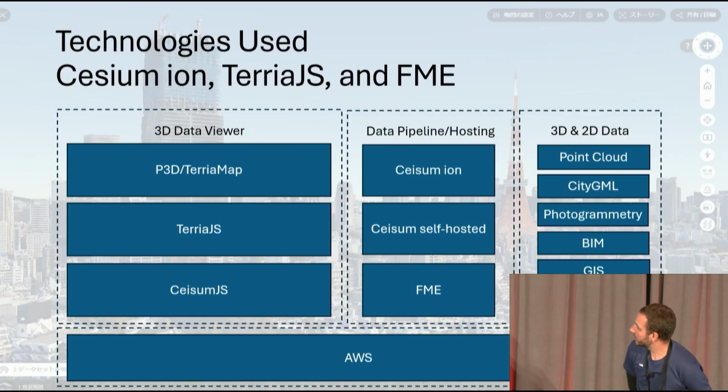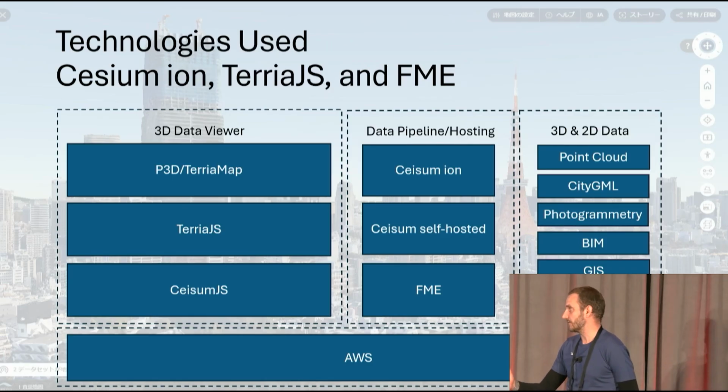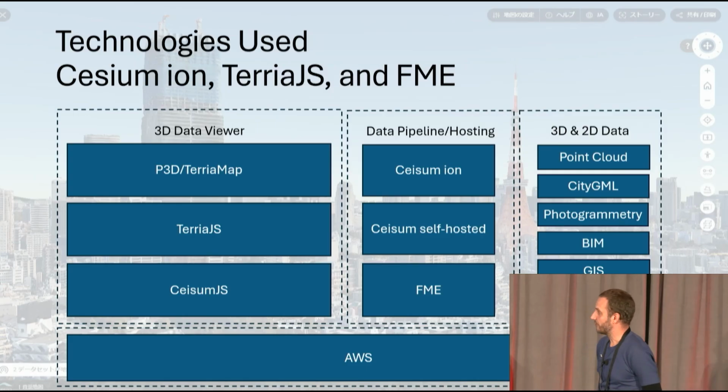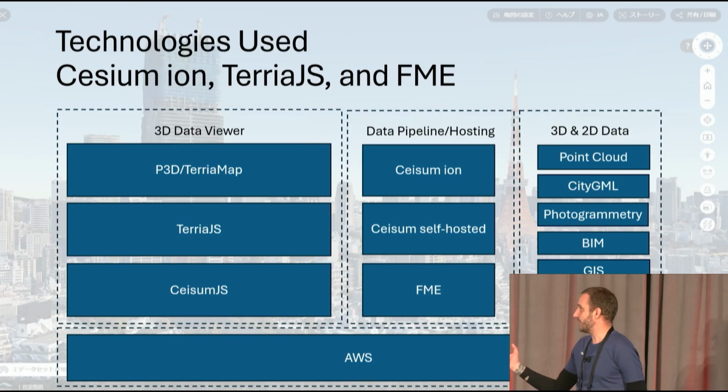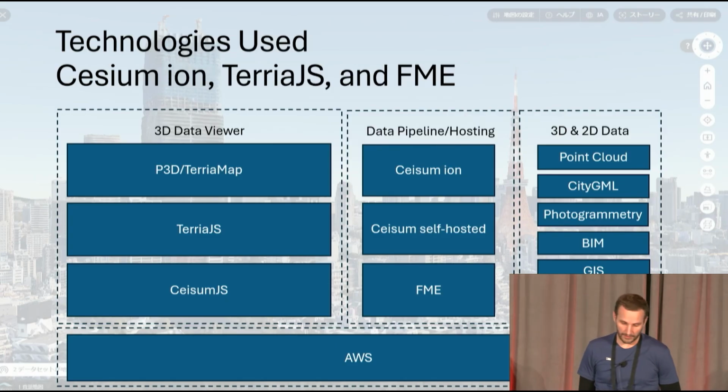In the middle part, we have the data pipeline hosting. In this part, we use Cesium Ion and self-hosting too, and of course FME too. These are really powerful tools. As for 3D and 2D data, the viewer accepts a lot of formats.